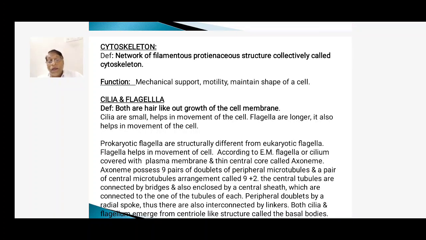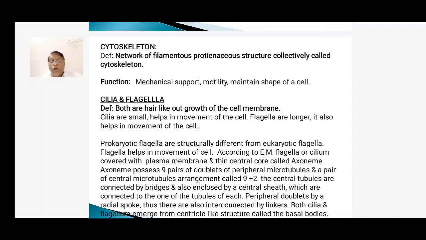You can see the diagram. Axoneme possesses 9 pairs of doublets of peripheral microtubules. You can see in the diagram 9 pairs.